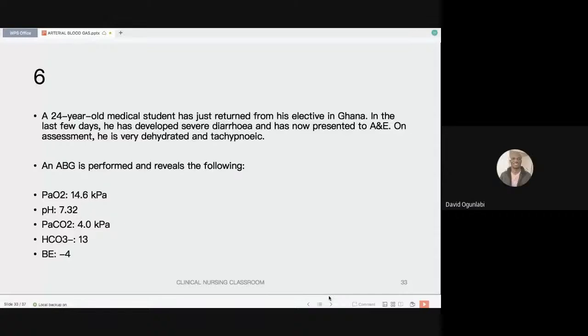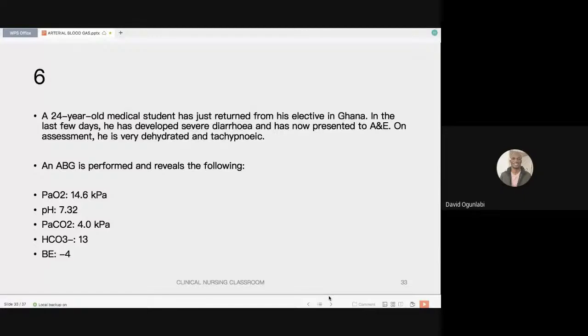So what do you say about HCO3? HCO3 is lower. So what is that? That's acidosis. Okay, thank you. So what's your conclusion? I would say it is metabolic acidosis, sir.